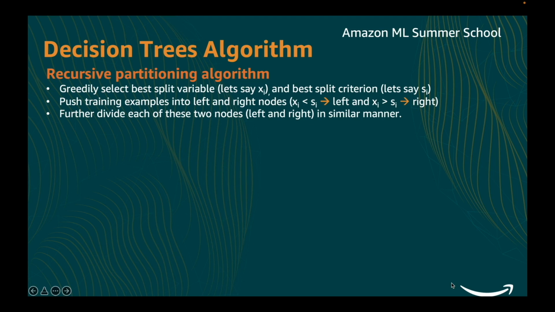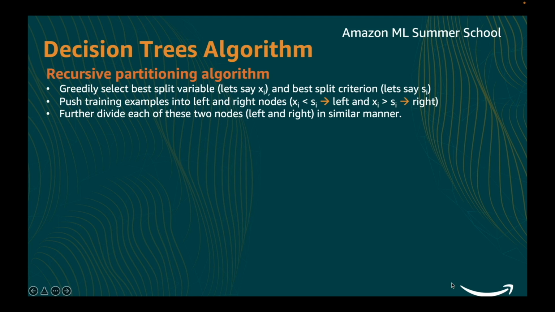For every node you do the same procedure. The procedure is you see what are all the attributes available to me which I have not already used to split so far, and you say, okay, from all of these, which one is giving me the best split criteria? That is the one which leads to the greatest decrease in the impurity of the resulting two nodes, right?